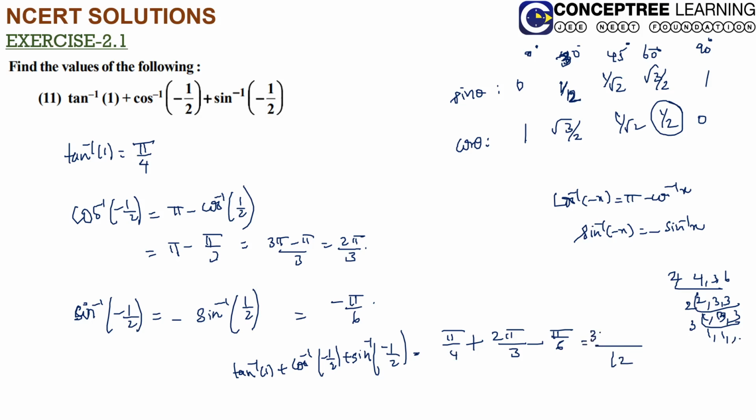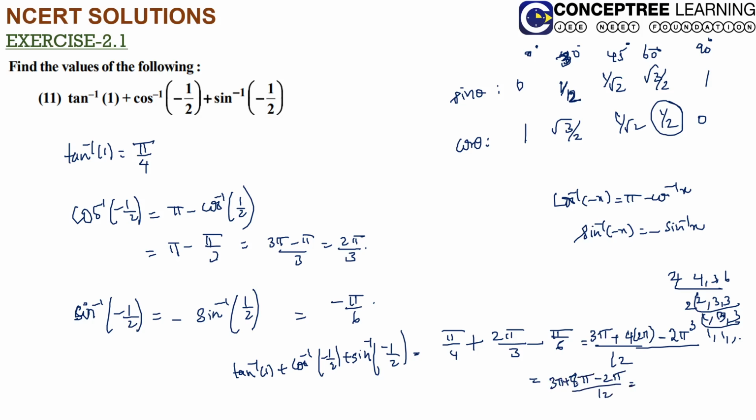So 3 into pi plus 4 into 2 pi minus 6 into 2s are 12, so 2 into pi. So 3 pi plus 4 2s are 8 pi. That is 3 pi plus 8 pi minus 2 pi divided by 12.